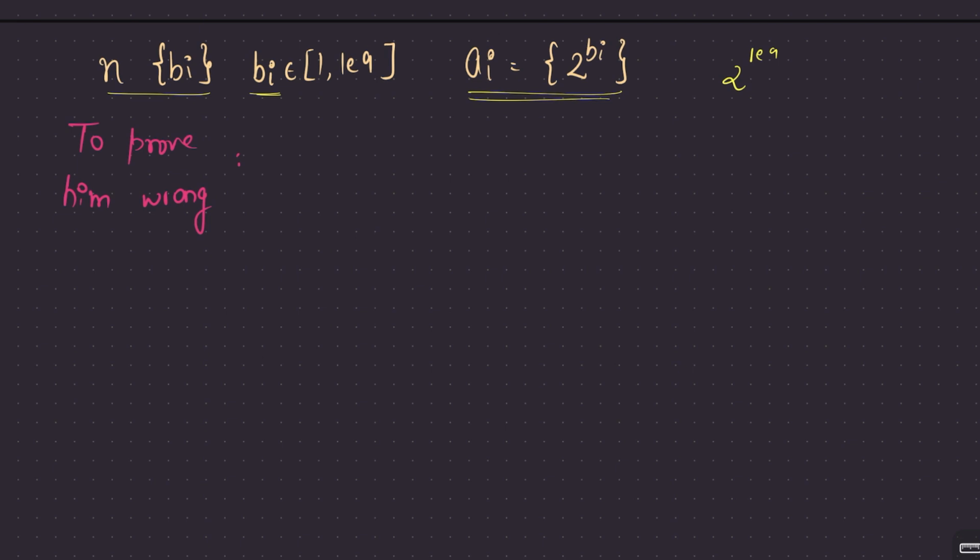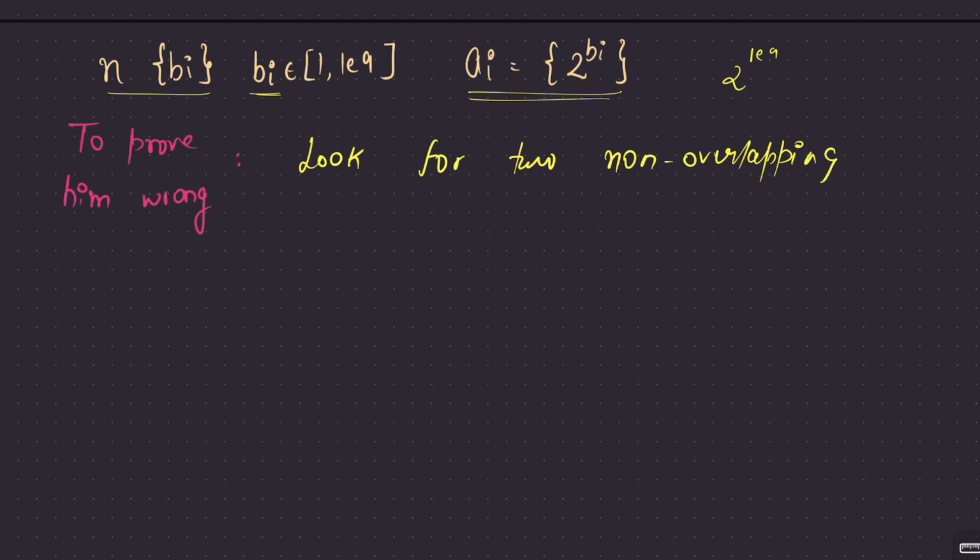Now what do we want to do actually? We want to prove him wrong. So how can we prove him wrong? We are looking for two segments, not just any two segments, but two non-overlapping segments. This is a very important word here, non-overlapping. So not a single element can match between these two segments.